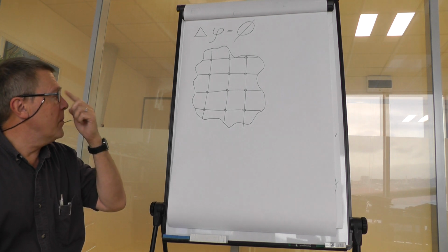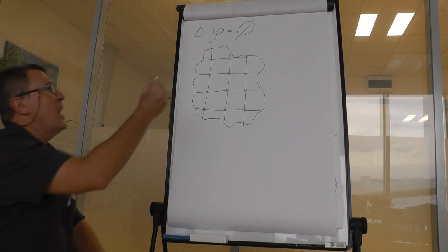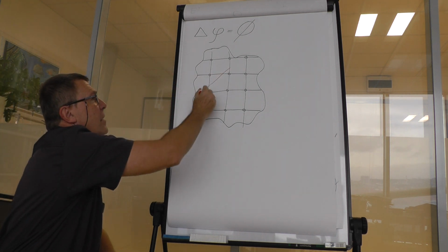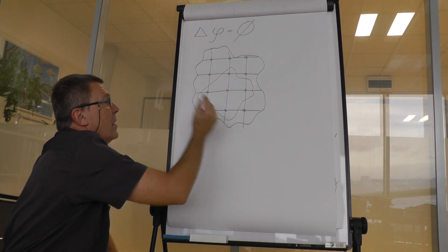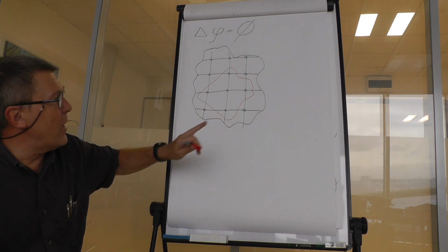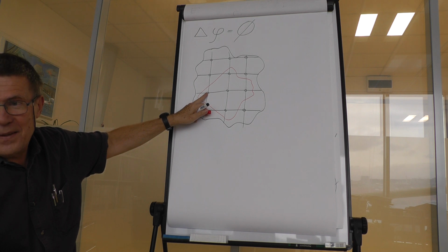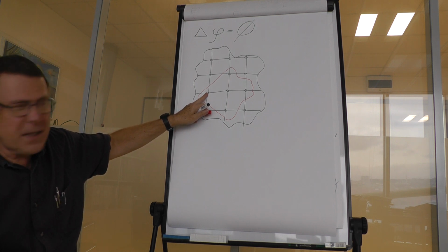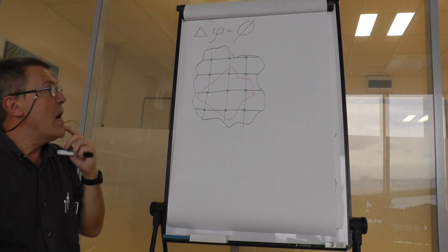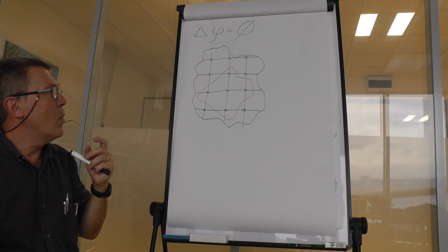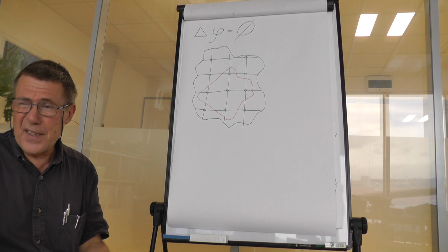Well, now let us focus on a set of 5 points. So this is a set of 5 points, one in the center, and it has 4 neighbors in its neighborhood, the closest points to this central point. Now, what would you think about the values of potential in those 4 points?